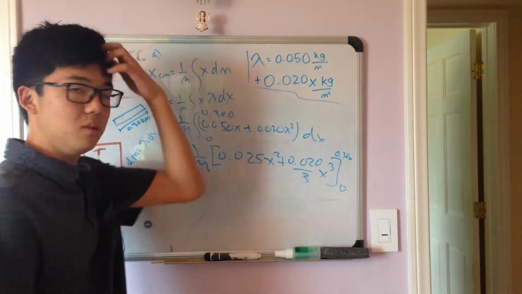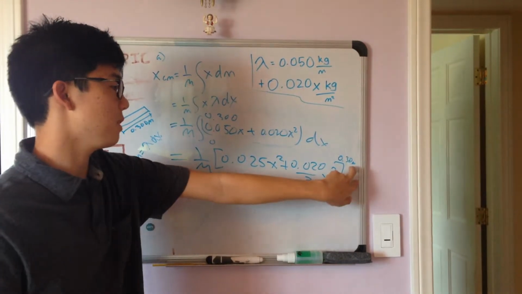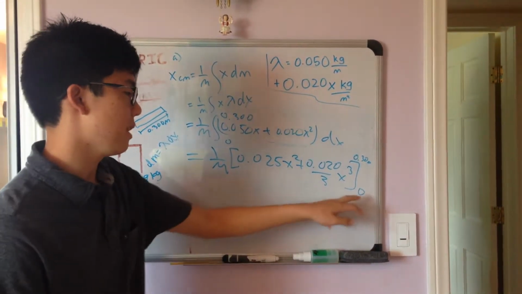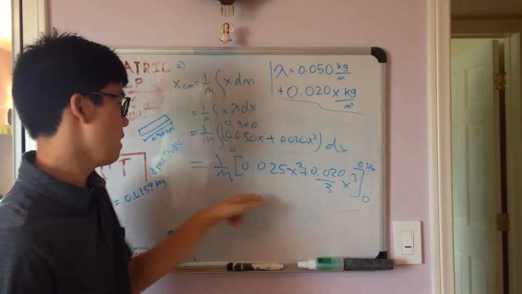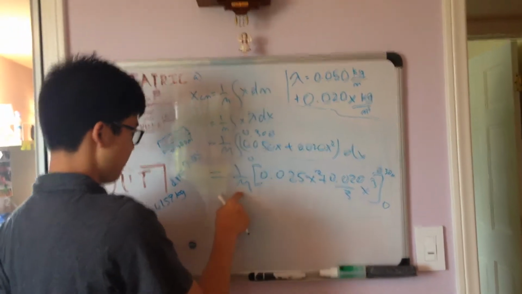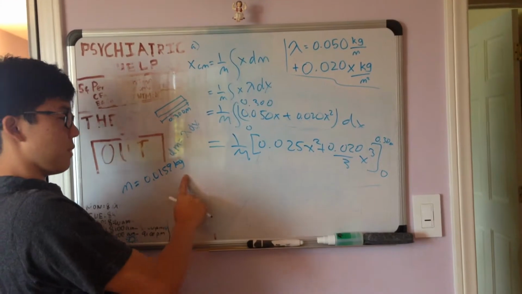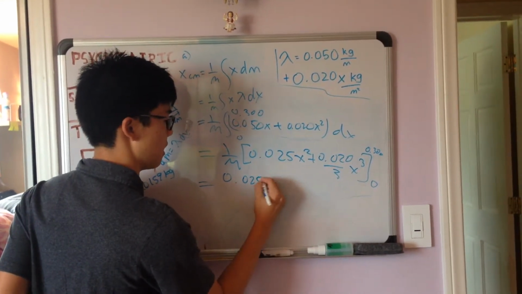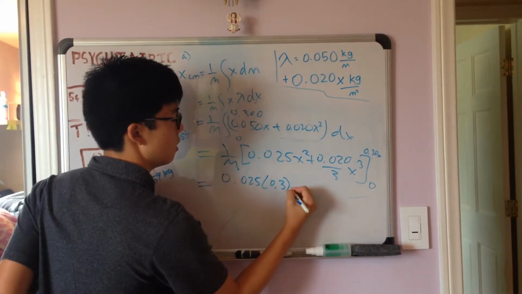Now all we have left to do is plug in 0.3 for our x and then subtract whatever we get from plugging in 0, and then divide the whole thing by m, which we found in part A, 0.0159. Basically, it's 0.025 times 0.3 squared plus 0.020 over 3 times 0.3 cubed, all over 0.0159 kilograms.